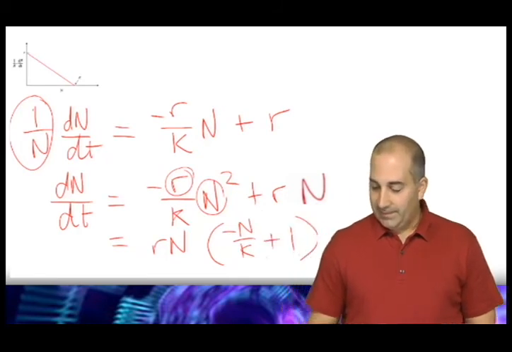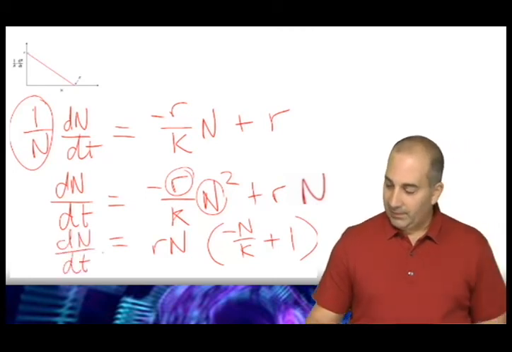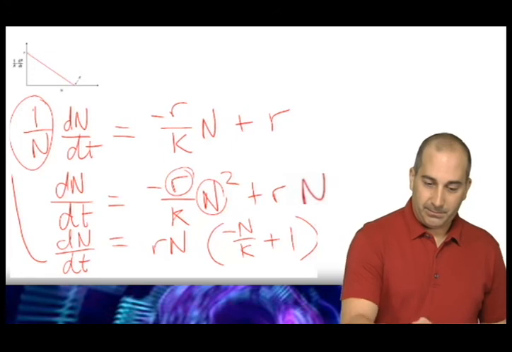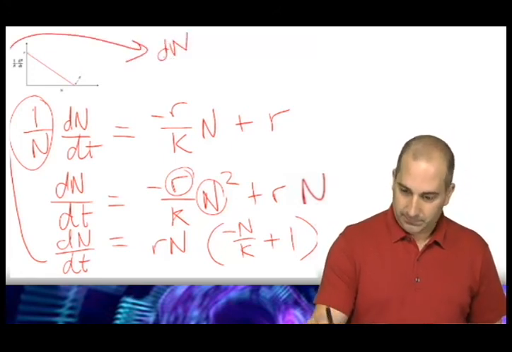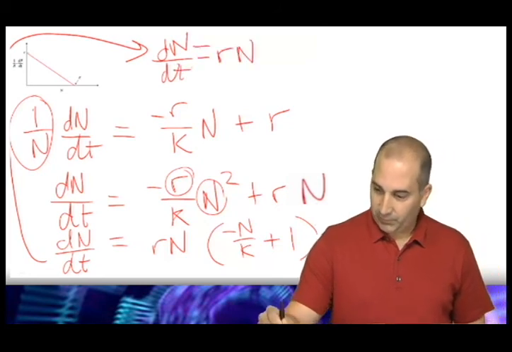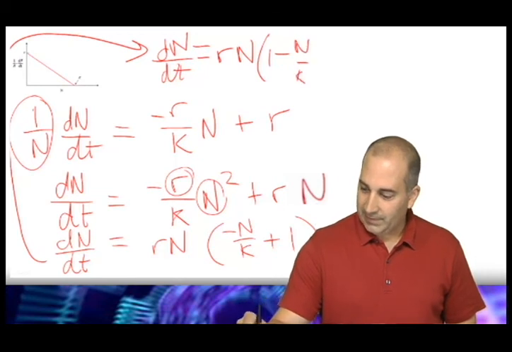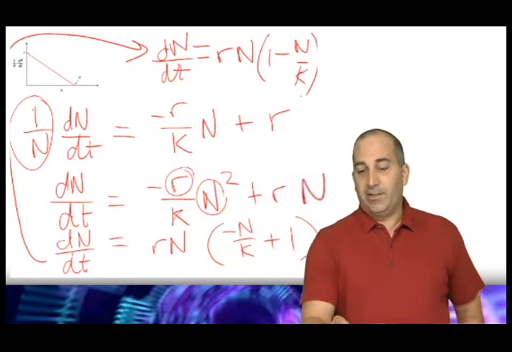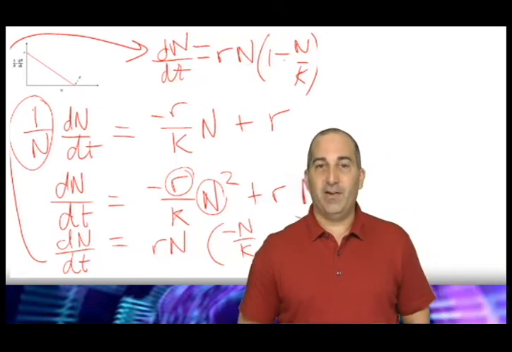And this is going to look really close to what's in your textbook. And so if I bring it on up to the top and write it out, just rearrange what's in the parenthesis, it's exactly what's in your text. The change in population is equal to r times n times 1 minus n over k.